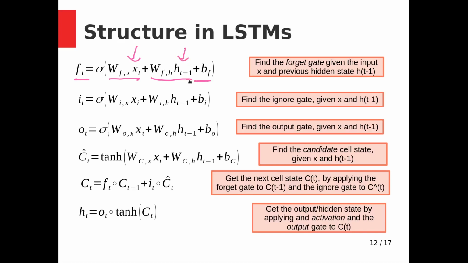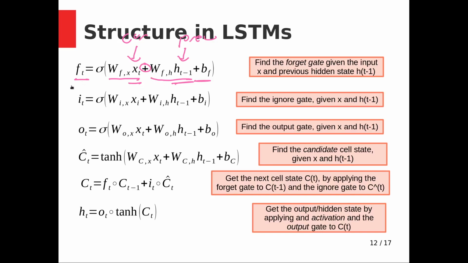So the previous hidden state. Current input, previous hidden state. Notice that those don't have to be the same size, right? They have to have the same output size because we're adding them, but the input and the hidden state do not have to have the same size as inputs. They can be different.